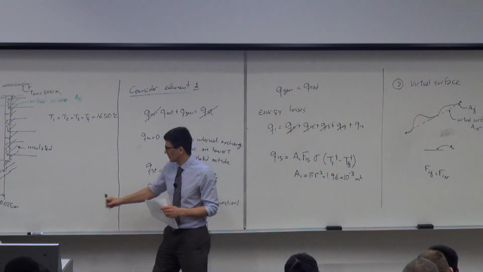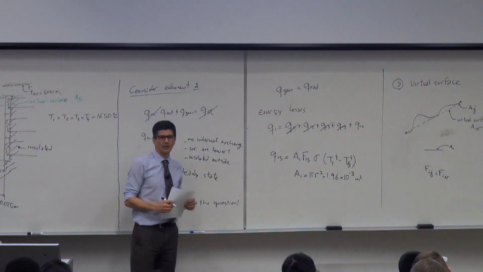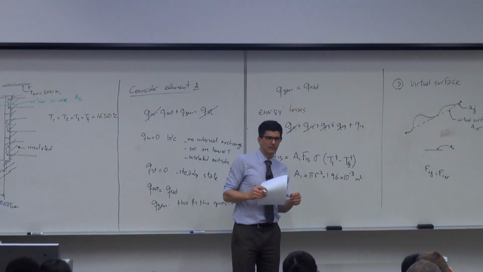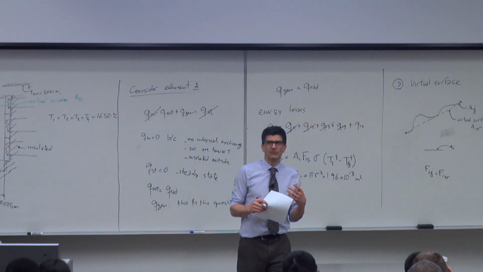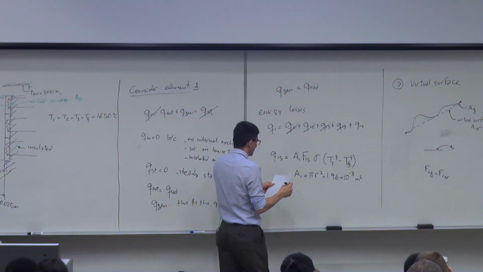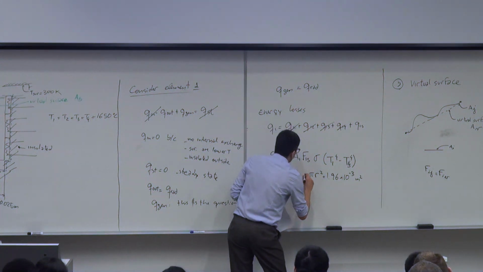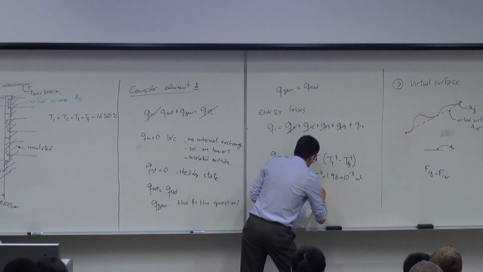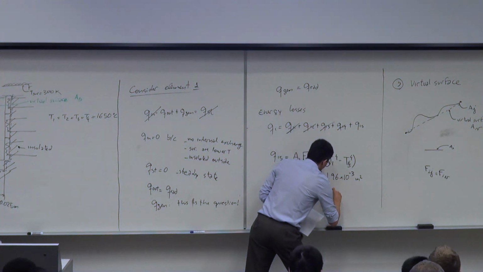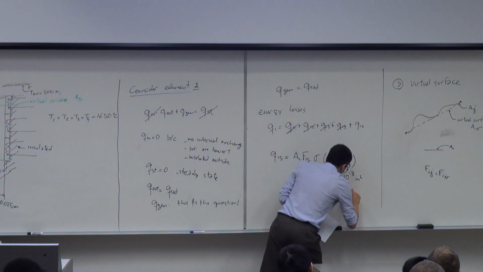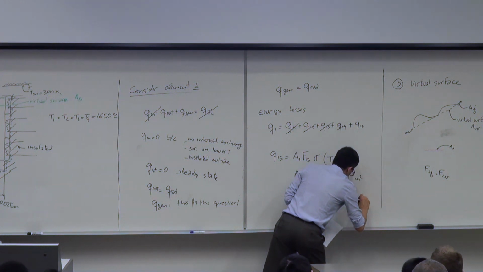Right? This is it. That's A1. And to be clear, the surface we're talking about, we see it only from one end, right? So, sigma is 5.67 times 10 to the minus 8 watts per meter squared Kelvin to the fourth.